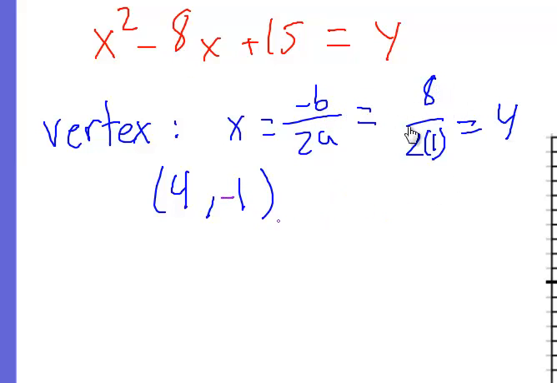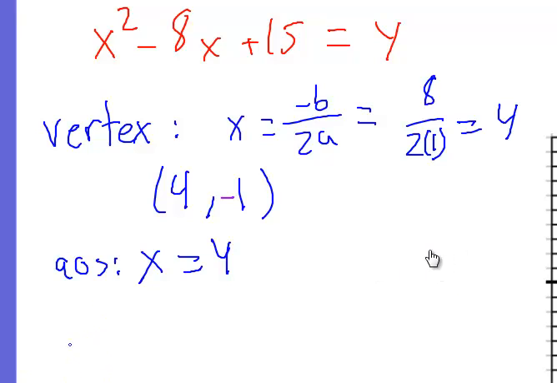Okay. So the next thing we want to do is what's your axis of symmetry? So again, the AOS is going to be x equals 4, since it's the vertical line that's going to go through your vertex.